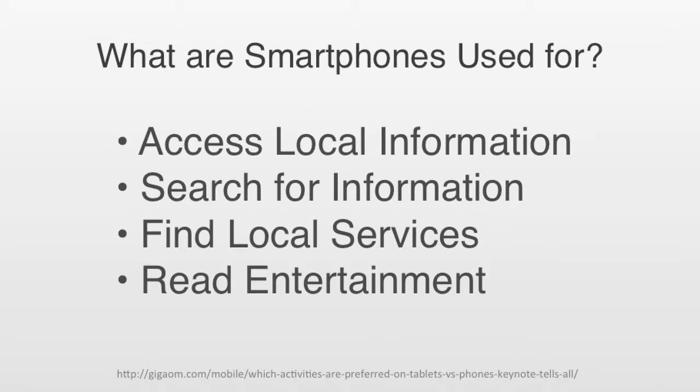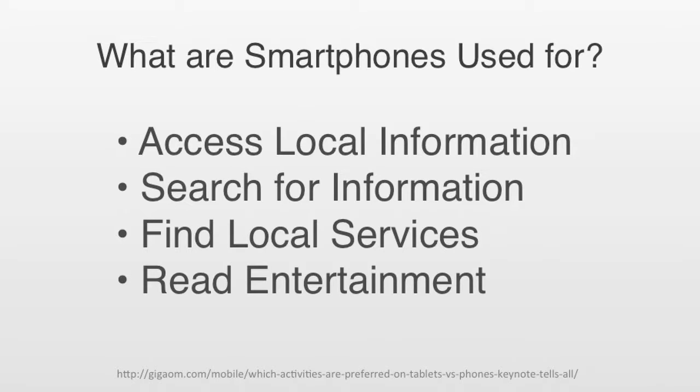So what are smartphones used for? The top four smartphone uses are for accessing local information, for searching for information, finding local services, and reading entertainment. So these are very time sensitive. I'm heading to the store, I need to find directions, or I'm in the store and I want to price check something. Those are what you use your smartphone for.